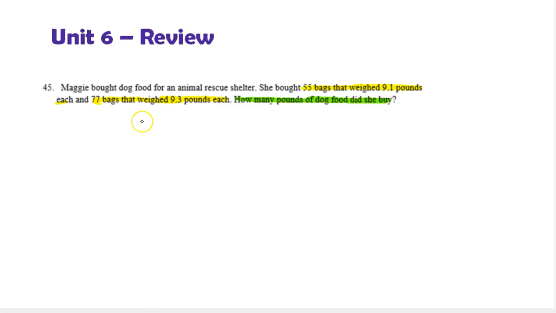So I'll put 55 bags here, and the number of pounds is 55 times 9.1 pounds per bag. And then the 77 bags, they're 9.3 pounds each. So this is going to be 77 bags times 9.3 pounds per bag.